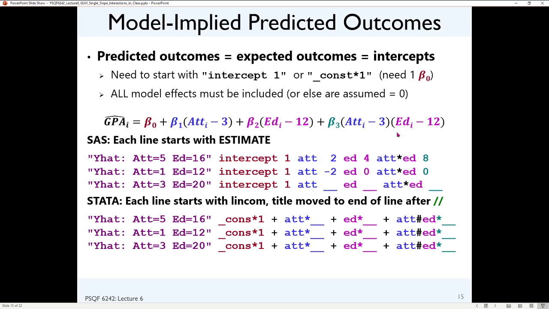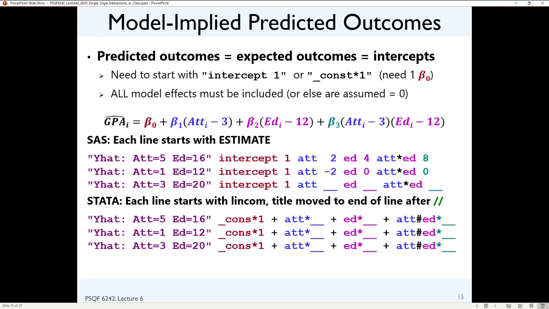It allows the effect of attitudes to vary as a function of education, and it allows the effect of education to vary as a function of attitudes. And so one of the challenges with these models is being able to describe it to your reader, and the best way to do that is to be able to build a figure that illustrates the predictions of the models.